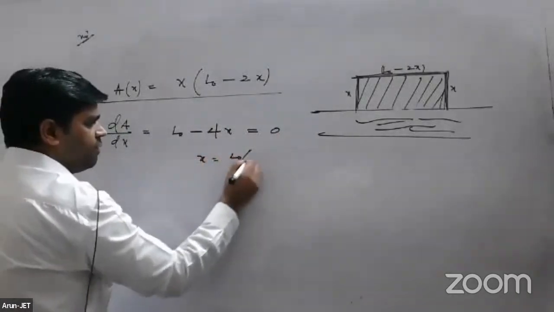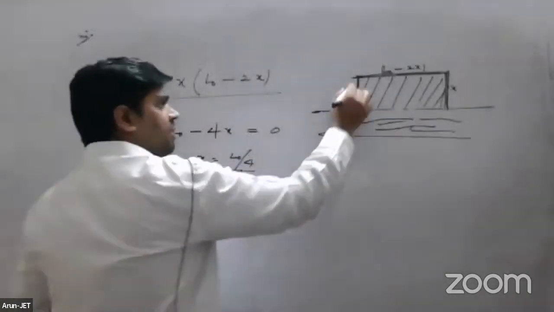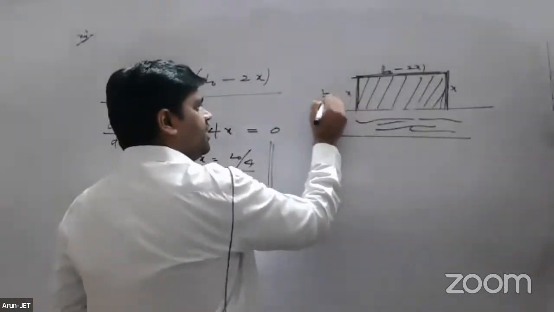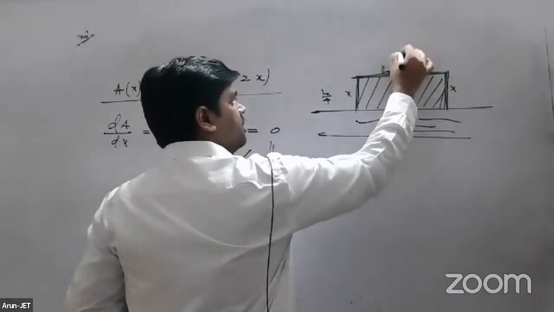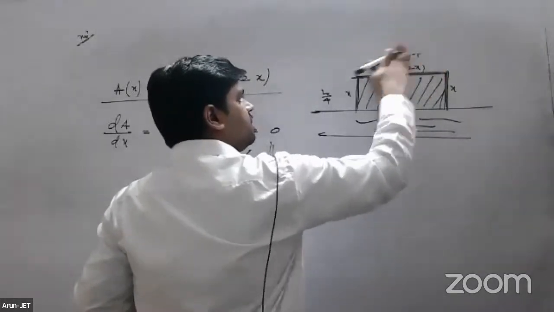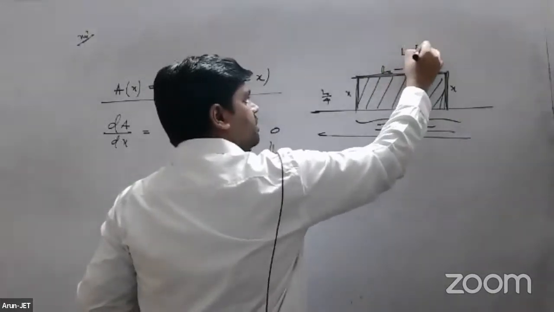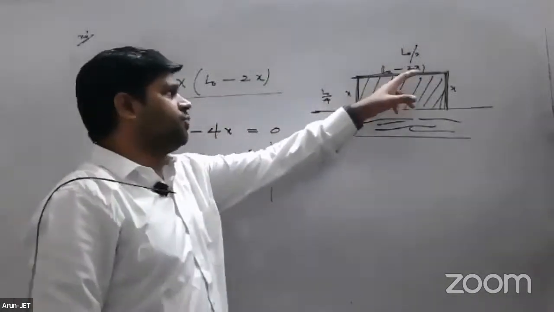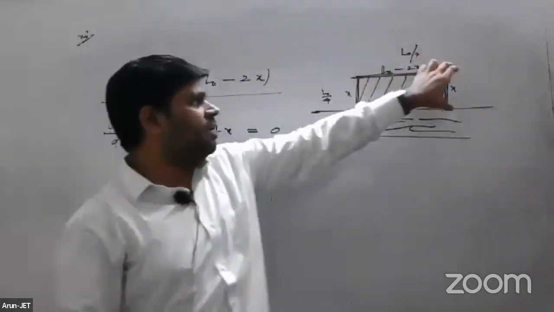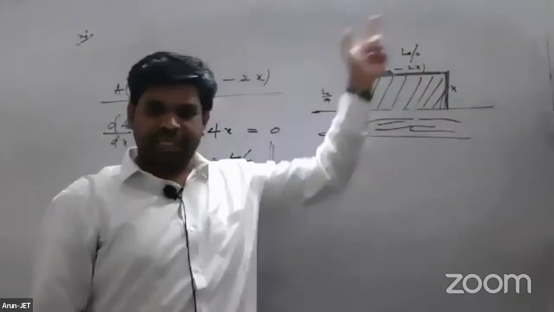I get x is equal to L0 by 4. So I got the value of x such that my area is maximum. ఇది L0 by 4 అనుకుంటే ఇది ఎంత ఉంటుంది? L0 by 2 ఉంటుంది. L0 minus 2 into L by 4, L0 minus L by 2, L by 2. ఇది L by 4, L by 4, L by 2. Total length L0.